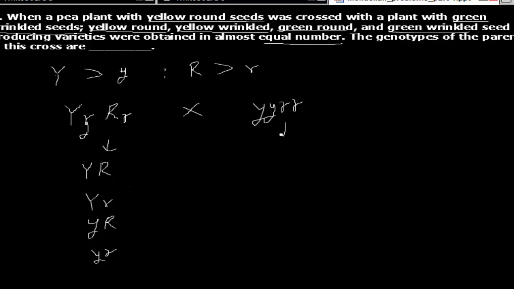This is going to produce only one type of gamete, that is small y small r. If we cross them, then we will get a genotype of YR. We can put like this.